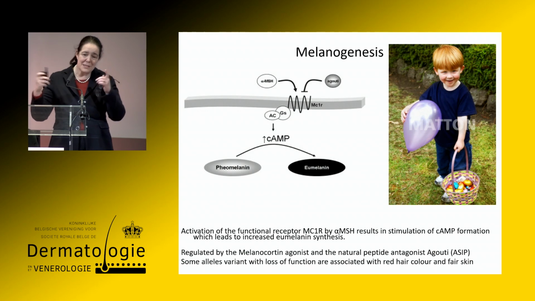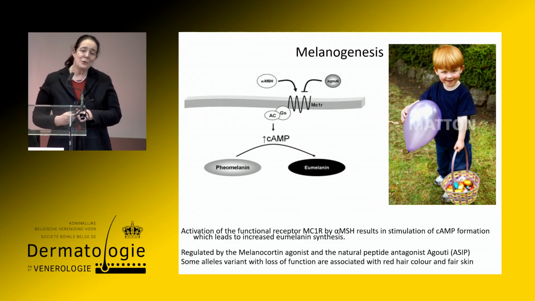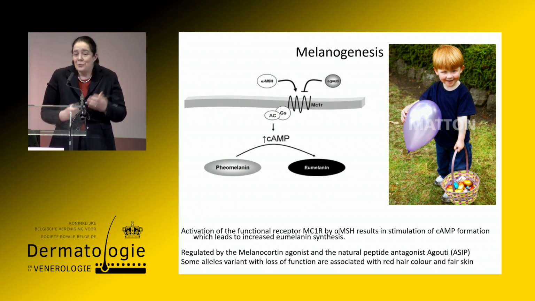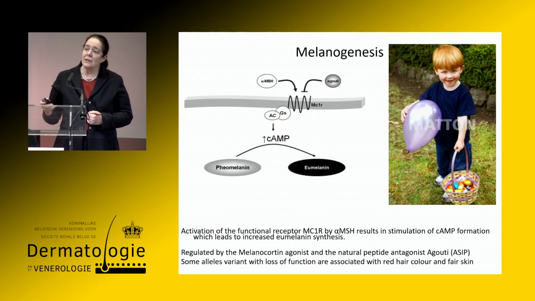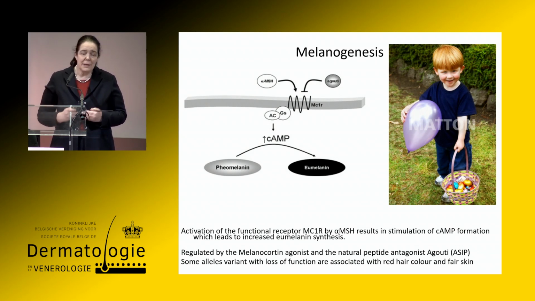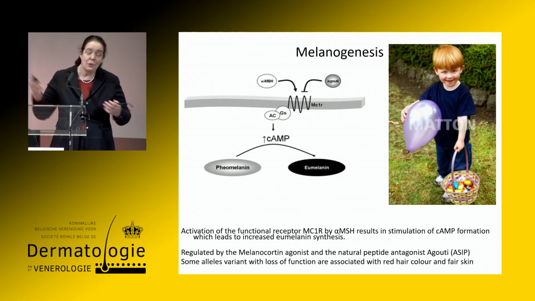So this makes the difference also for the dogs. It's interesting to know. But in the case of humans, it's the allele variants that change the function of these receptors, and that makes some of our patients, or humans, have red hair and fair skin.